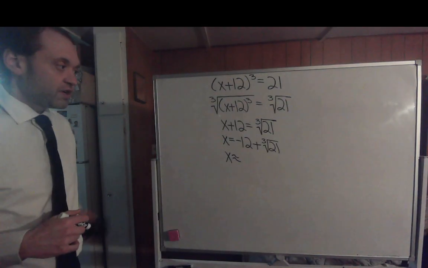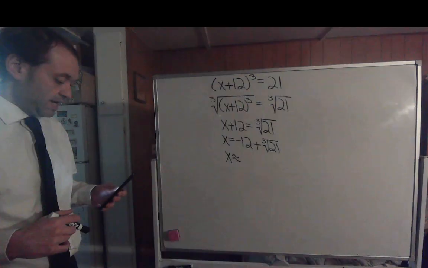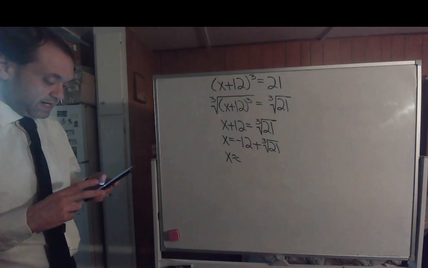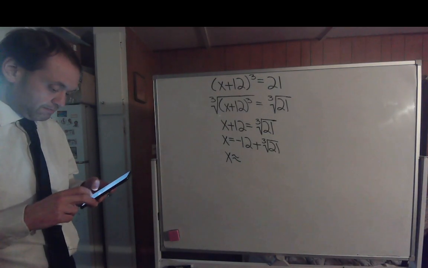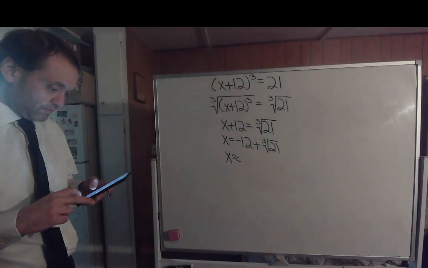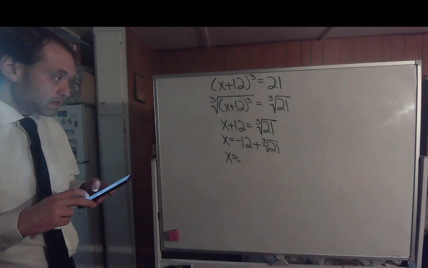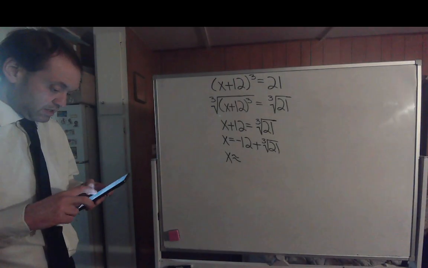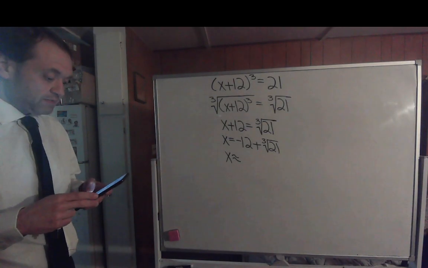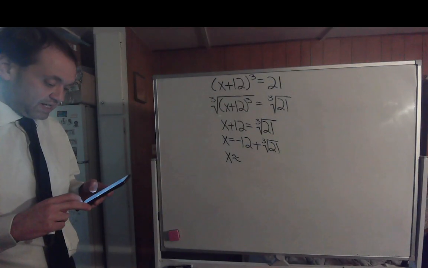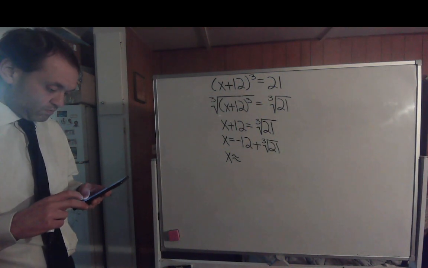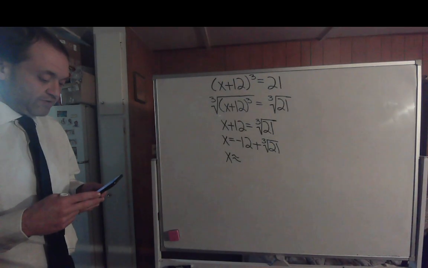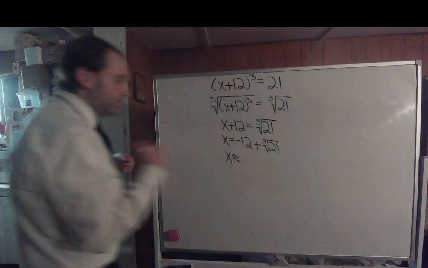So first, let's figure out what the cube root of 21 actually is, or what it approximately is. It's approximately 2.76, which would give you about negative 9.24.